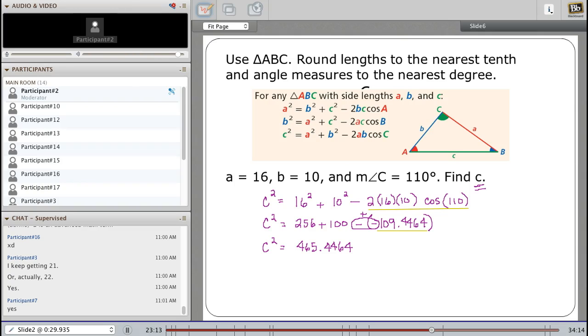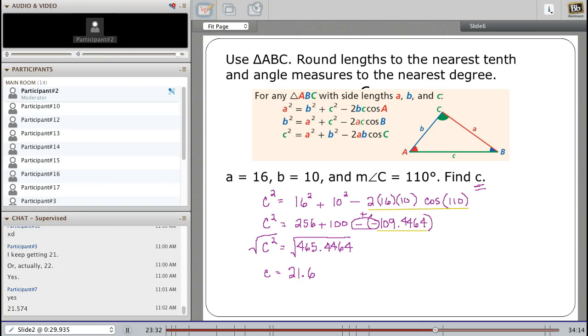I need C. And so in order to do that, I square root that big number there. 21.57, so 21.6. And yes, since this is a side length, we would round to the nearest tenth. Okay, so we keep it at the 21.6.